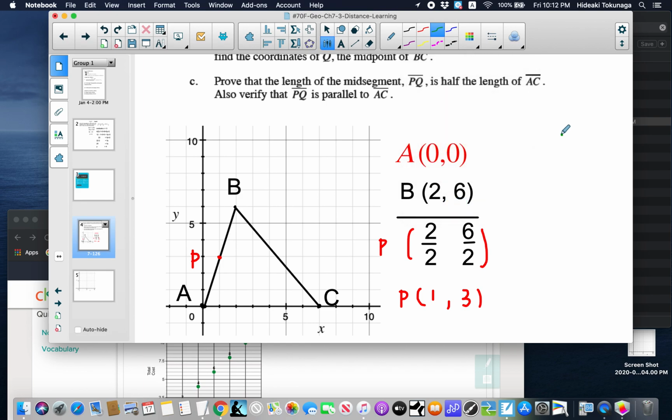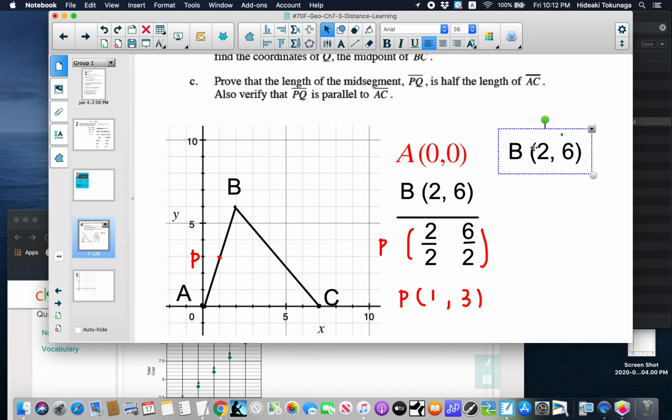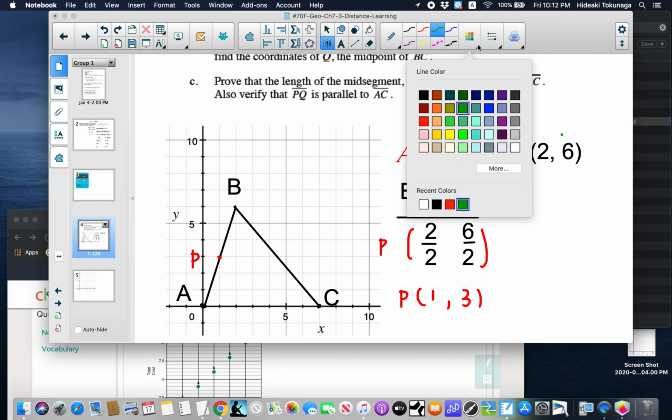Now let's look at the other one, between B and C. B is right here. Maybe I should cut and paste if I can. B is here and C is (7, 0). I'm supposed to use a green one.